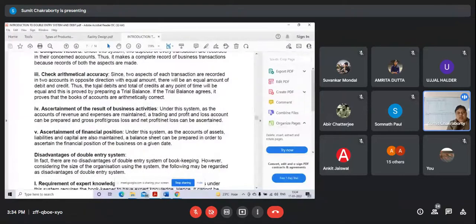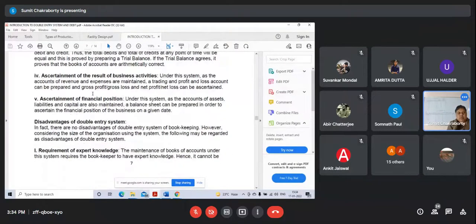Check arithmetical accuracy. Since two aspects of each transaction are recorded in two accounts in opposite direction with equal amount, there will be an equal amount of debit and credit. As I said, total debit and total credit. If they do not match, we go through trial balance and try to find out the problem.